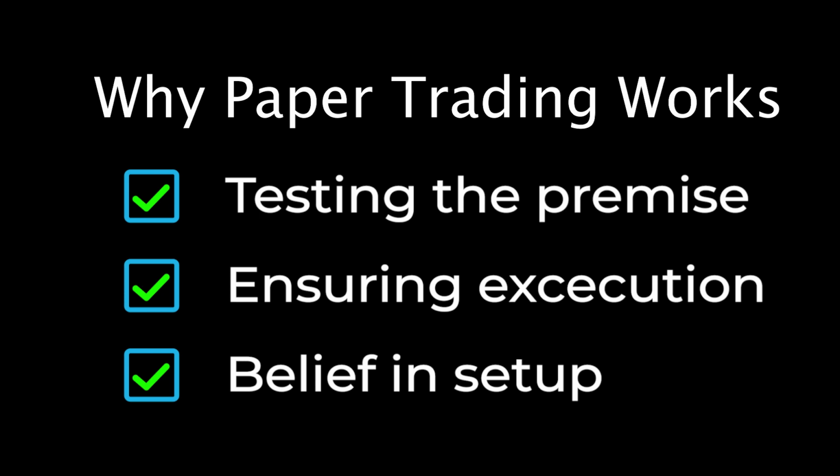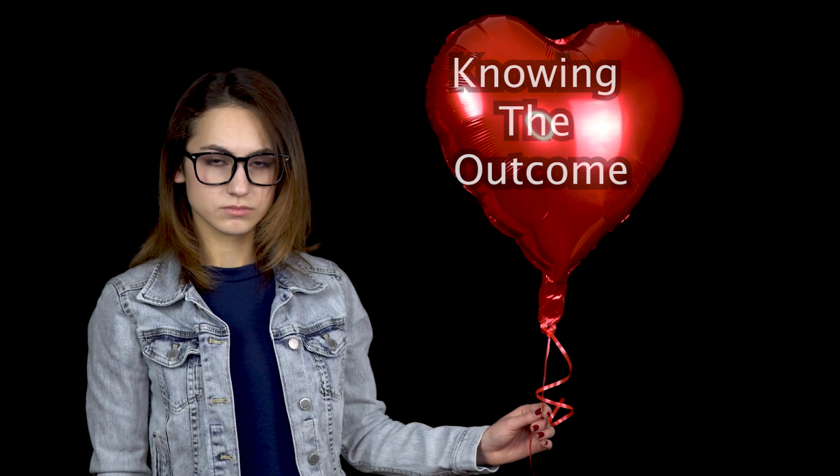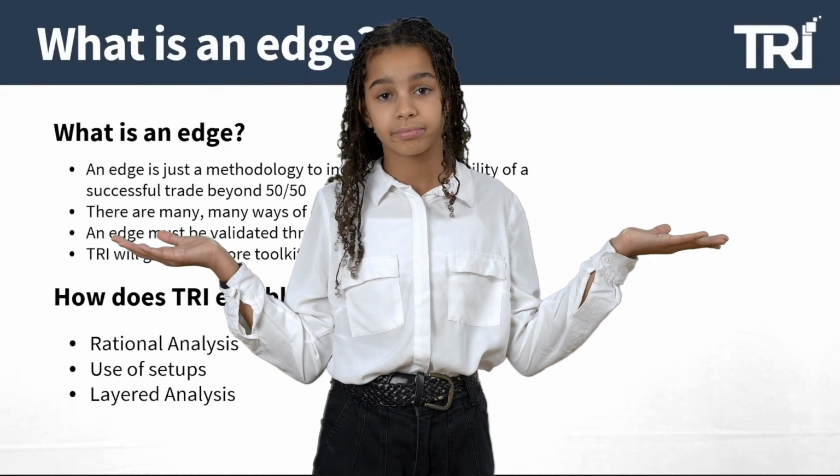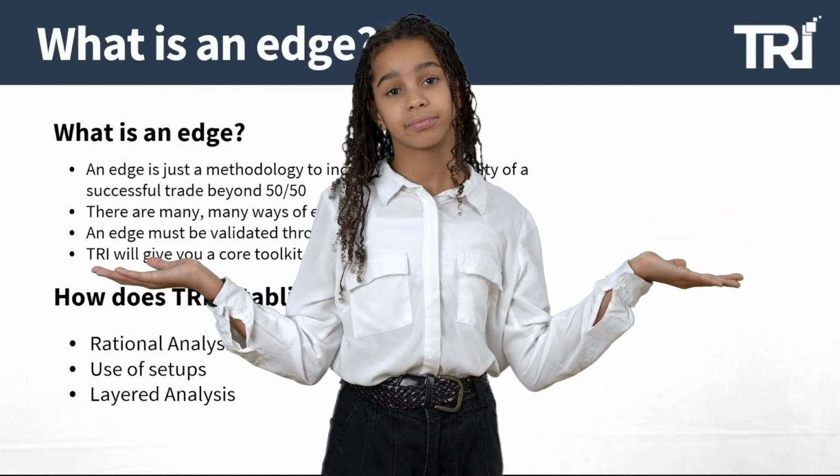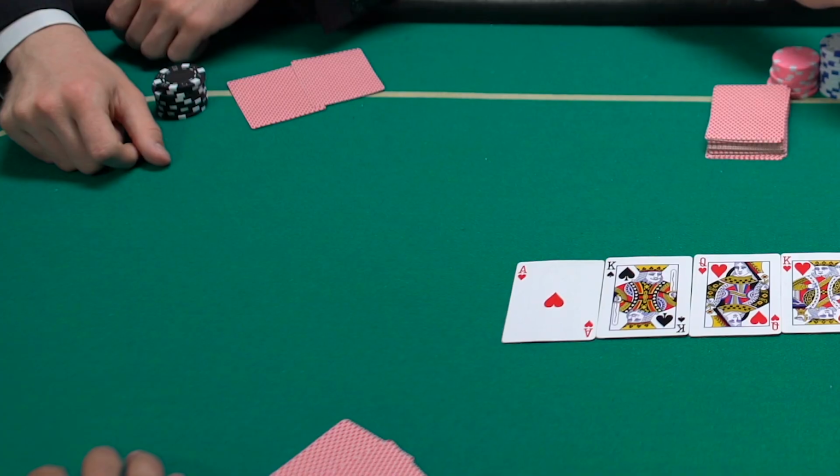As traders, we need to let go of the idea that we can know how a given trade is going to perform, how any individual trade, when we enter it, whether it's going to win or lose. We have no way of knowing. Okay.